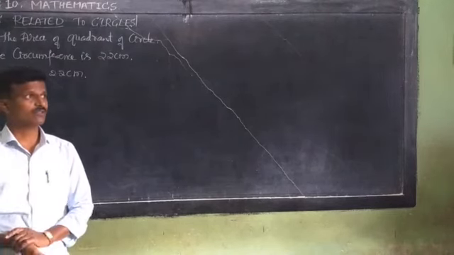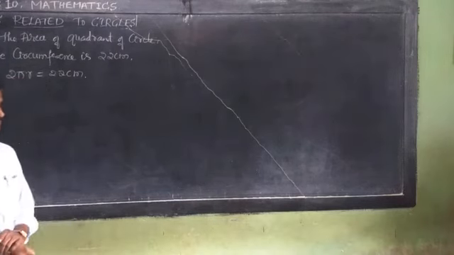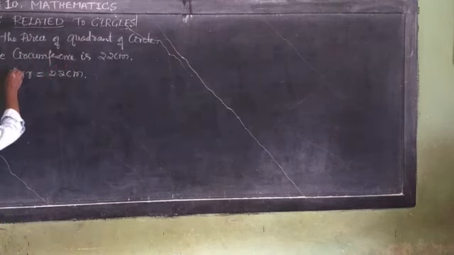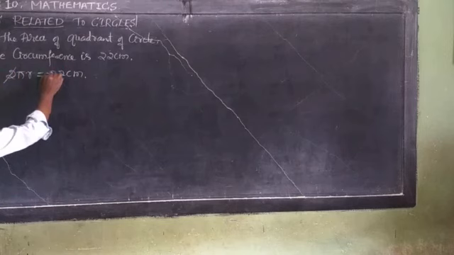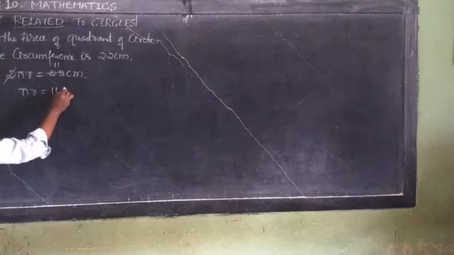Therefore, we have to find the 1/4 area of a circle. First they have given the circumference, that is 2 pi r. 2 pi r is equal to 22 centimeter. 2 ones are 2, 11 twos are 22. Pi r is equal to 11 centimeter.